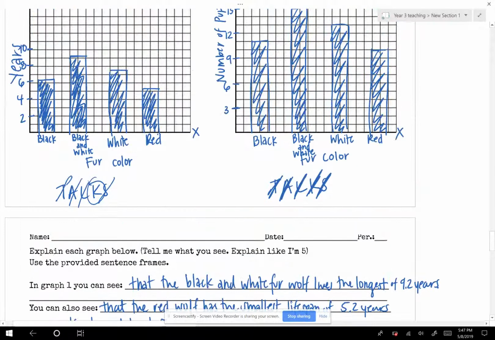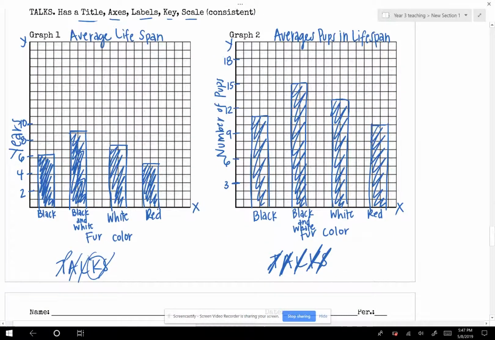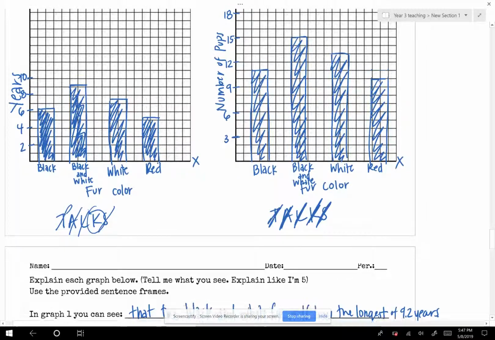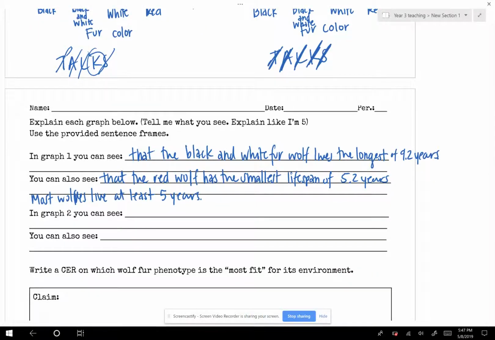Okay, so now same thing on graph 2. They're asking us about numbers of pups, right? So if you look at the graph on here, I can talk about who has the most pups, who has the least pups. So in graph 2, you can see that the black and white fur wolves have at least 15 pups in their lifespan.